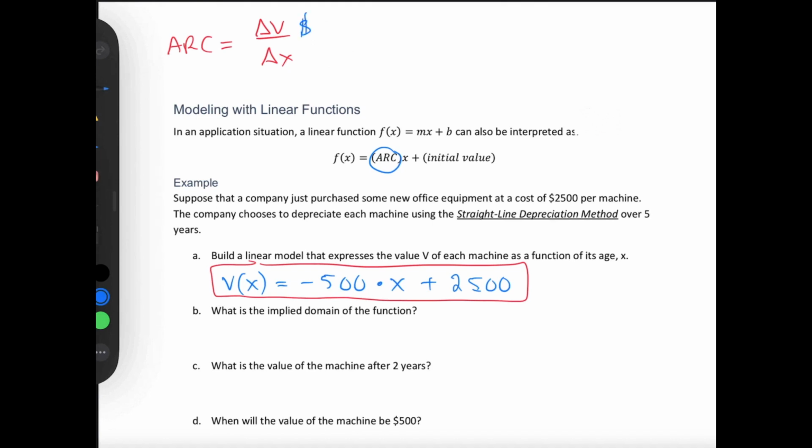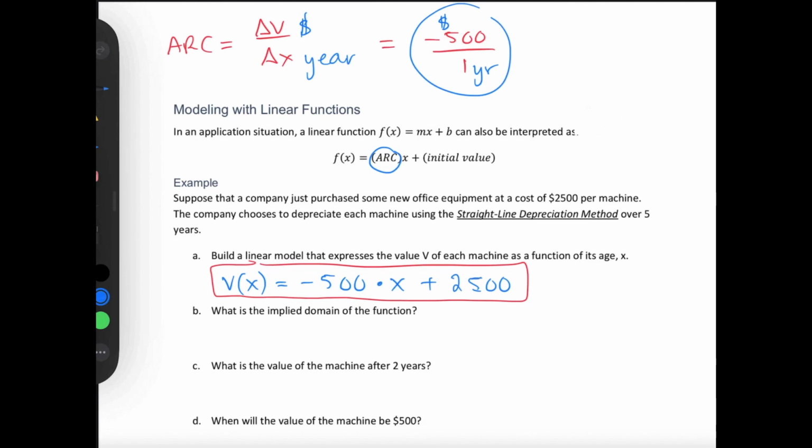And the change in time is a quantity that is measured in years. So when our average rate of change turns out to be negative 500, we can think of that as being a quantity over 1 and being negative $500 per year, or the value is decreasing by $500 per year.